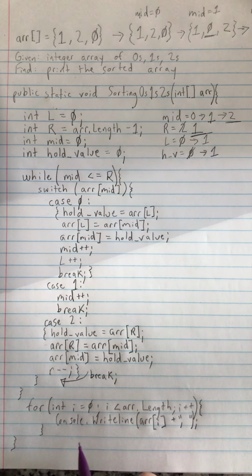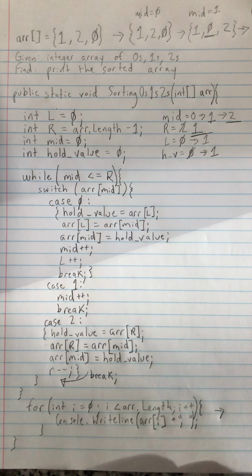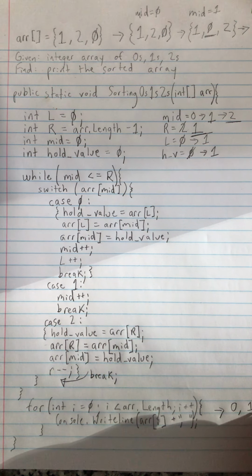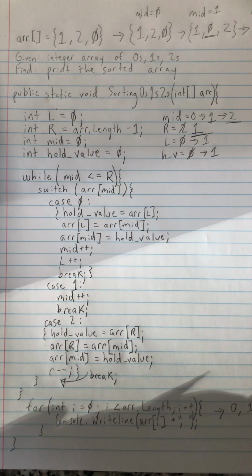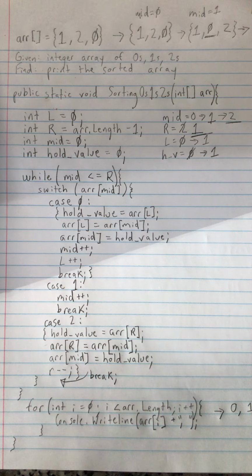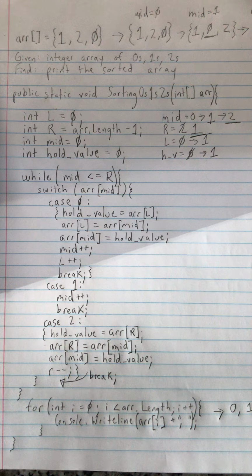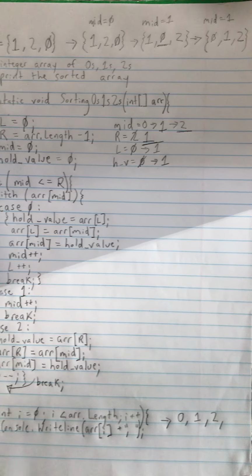For i equals 0, i equals 1, and i equals 2, we print all of this, which would give us 0, 1, and 2. Awesome. Let's analyze the space complexity and the time complexity that we have here.